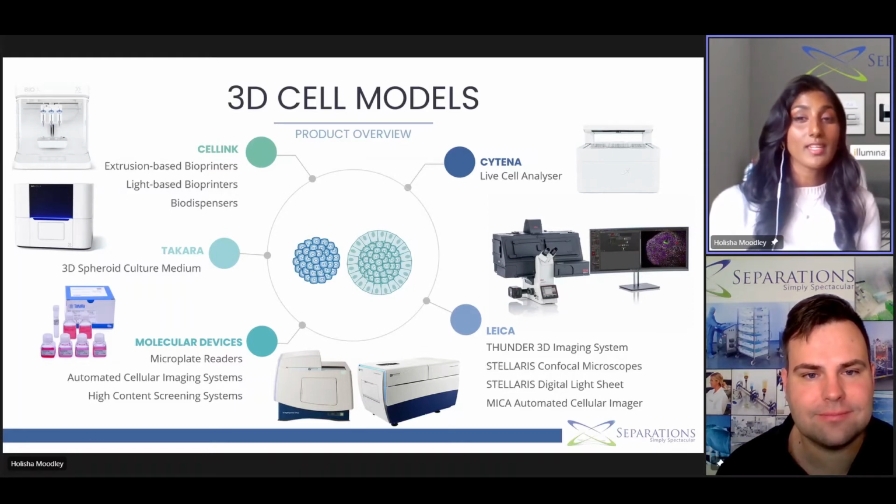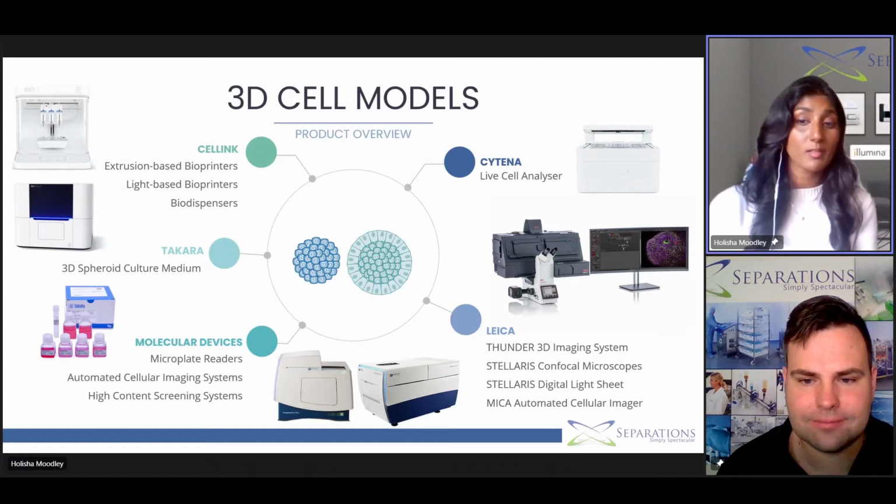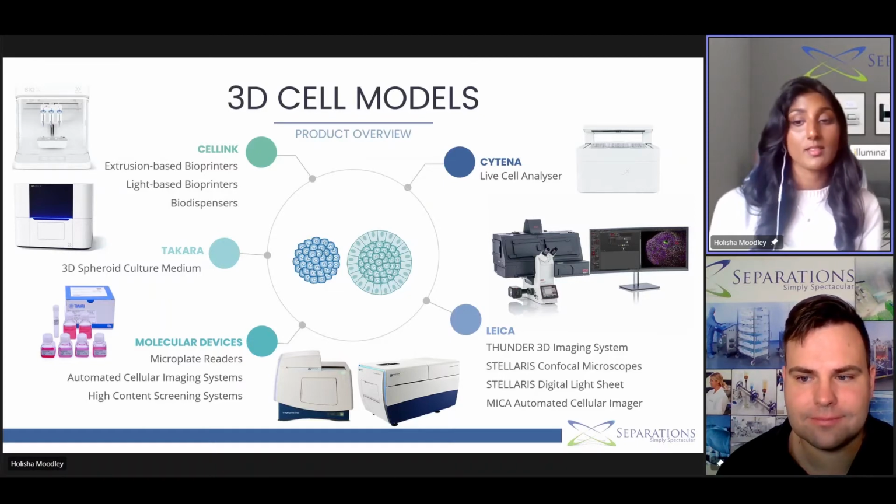We're able to offer cell analyzers from Cytiva if you're looking to do live cell imaging of your spheroids or organoids. This is the system for you. You can look at cytotoxicity, cell viability, and just generally monitor the growth of your 3D model. We're also able to offer a broad range from Leica in terms of microscopy systems, 3D imaging systems, cellular confocal systems.